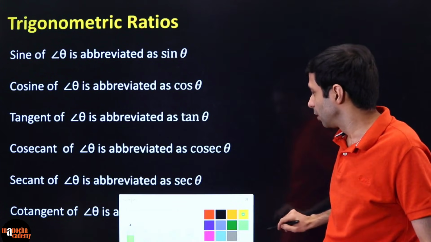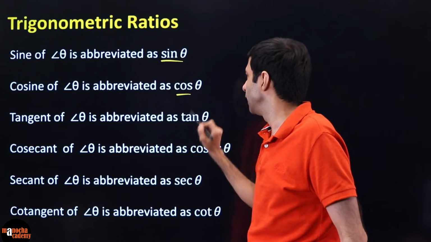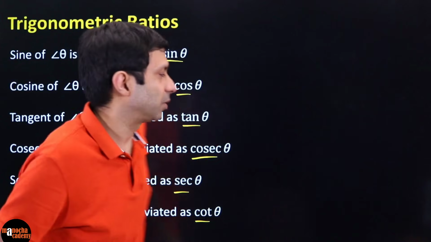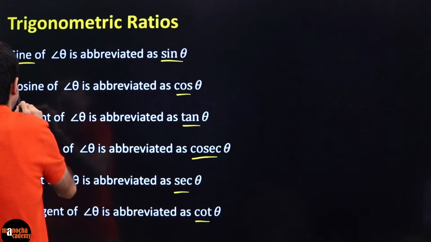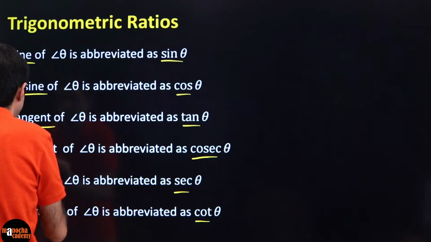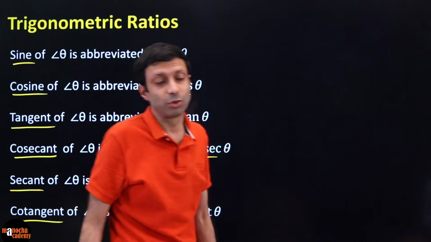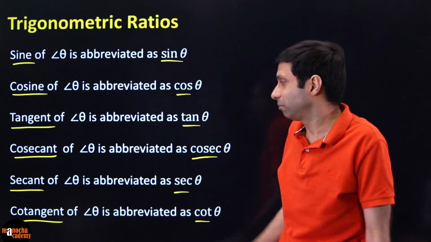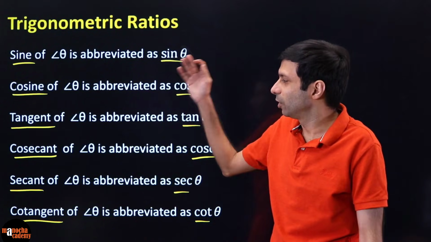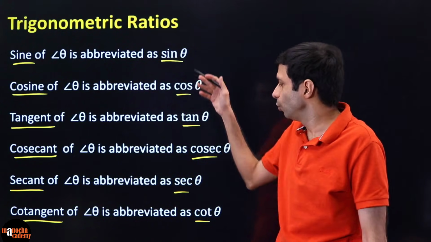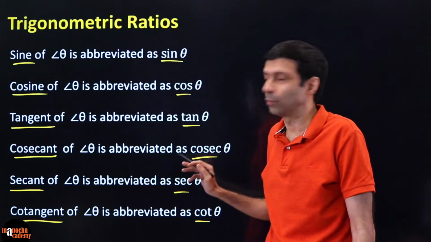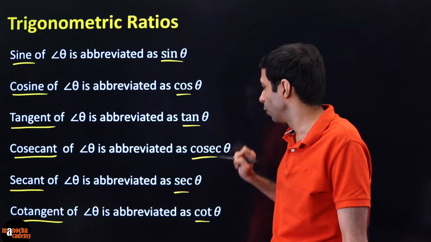So these are the full forms of all these names, right? So sine theta, cosine, tangent, cosecant, secant, and cotangent. I know, sounds a lot like Greek to me, right? Theta is also Greek. So all these words are there, but basically you have to write them as 3-letter words, except this cosec theta is the long one.